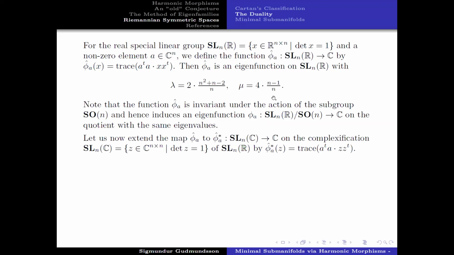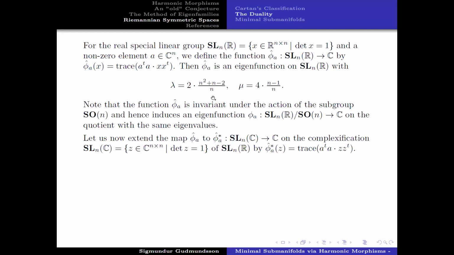Now, you remember at the beginning, I told you about the Hopf map and then the dual Hopf map on the hyperbolic space. This is something that goes over to this sort of Helgason theory, and I will now explain it in this case.